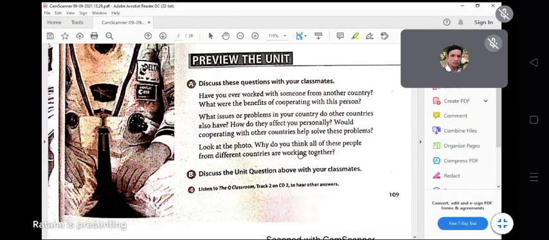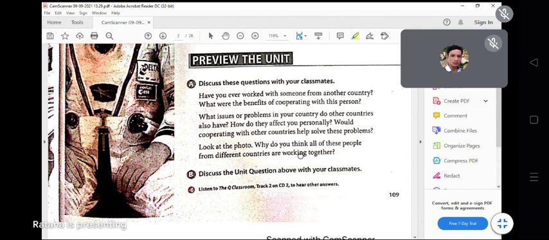Like, have you ever worked with someone from another country? Maybe you used to work with an international organization, a local organization, or with an exchange program or something like that.